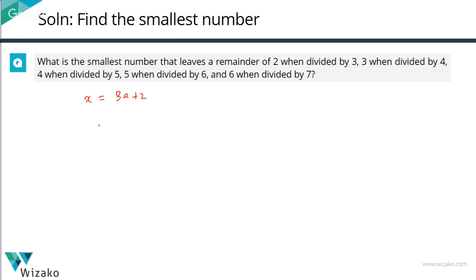So this is the standard framework. The same x leaves you a remainder of 3 when divided by 4. So that's going to be equal to 4b plus 3, 5c plus 4, 6d plus 5, 7e plus 6. So x basically is all of these.